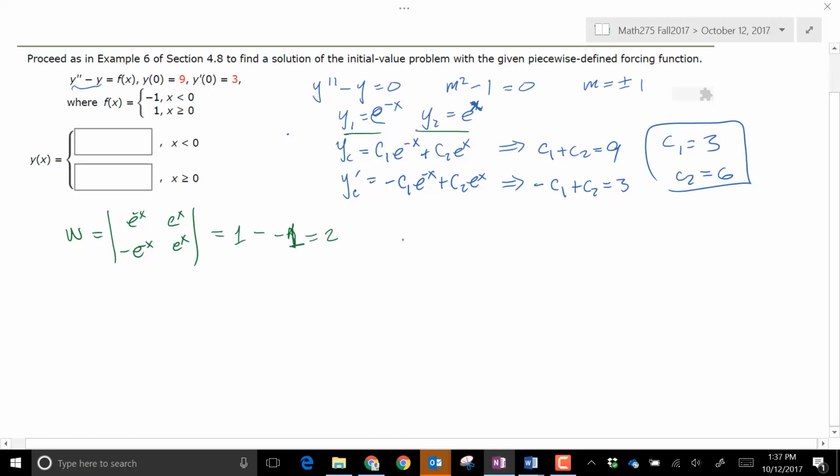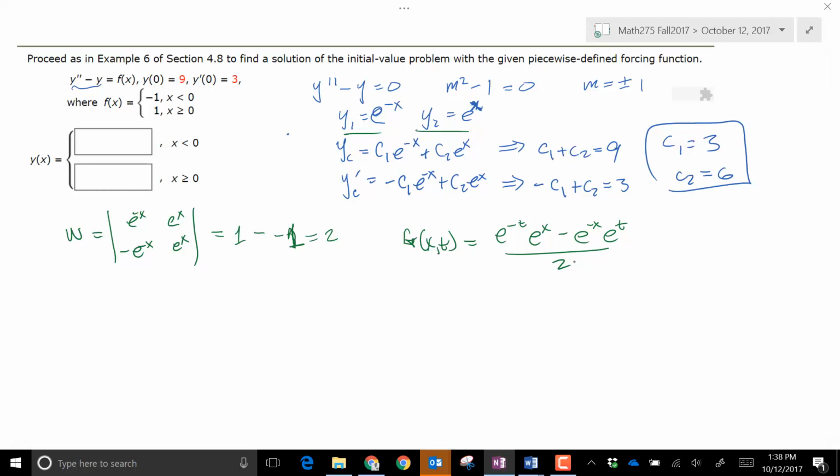And Green's function, g of x,t is equal to y1 of t, y2 of x minus y1 of x, y2 of t, so negative e to the negative t e to the positive x minus e to the negative x e to the positive t, divided by 2, our Wronskian.